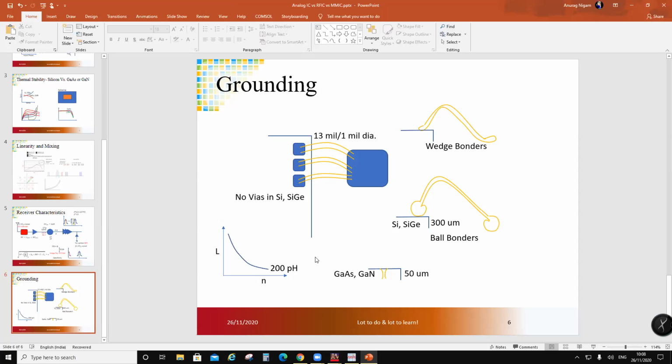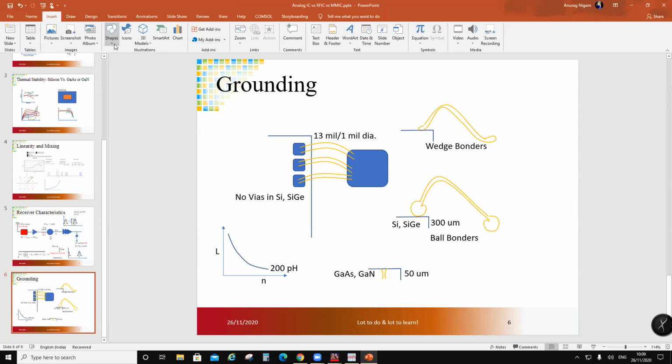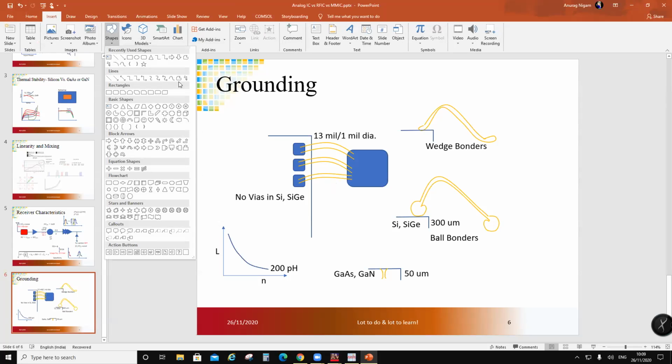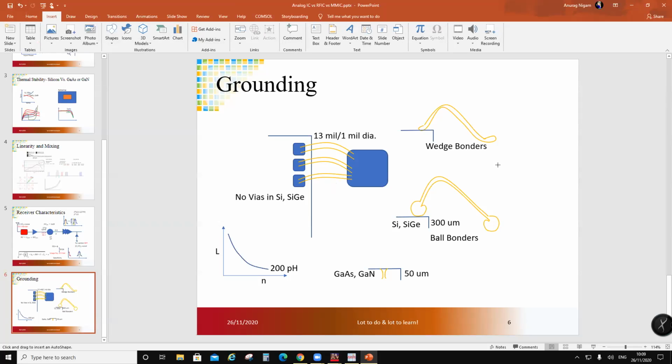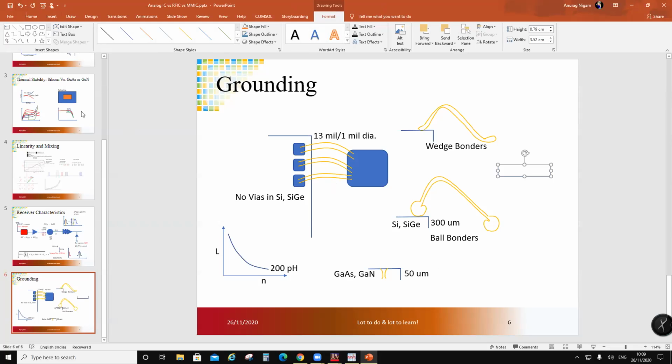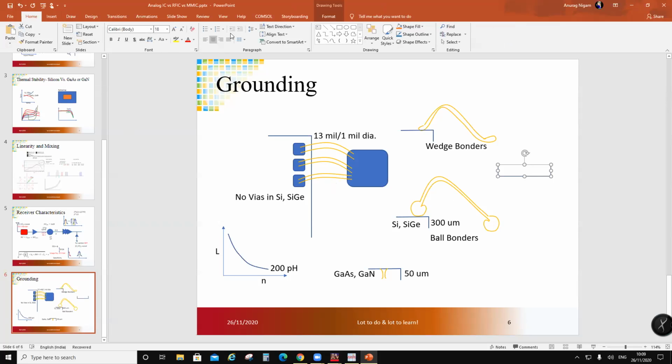So now what will people do? They'll say, I want to lower inductance. So you take the chip and flip it, so you have a flip chip. Now you have flip chip technology here. All the silicon and silicon germanium, you'll find they have flip chip technology and they are sitting on a ball grid.